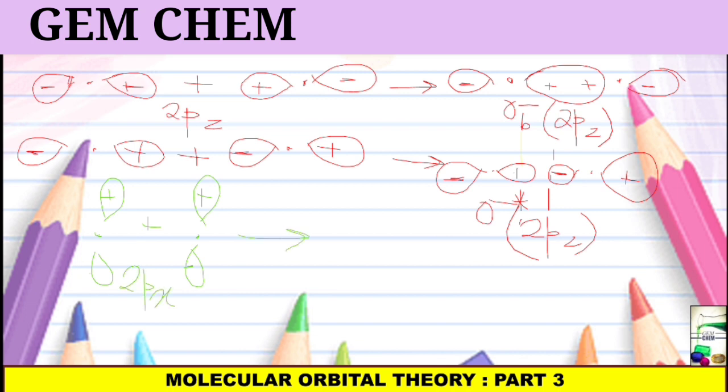Now we combine this in phase, so we will get a nodal plane in between, and here are the two points. So here we will get like this, and this will be our positive side and this will be our negative side. And last but not the least, when this combines out of phase, this side will be negative, this side will be positive at the downside, so we will get it like this.